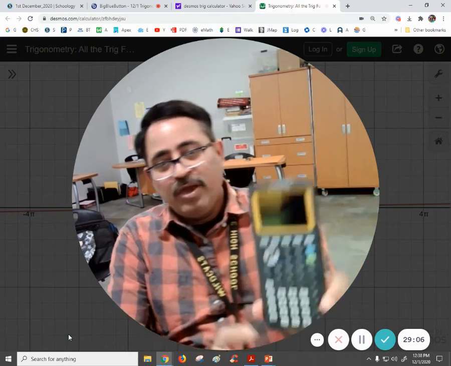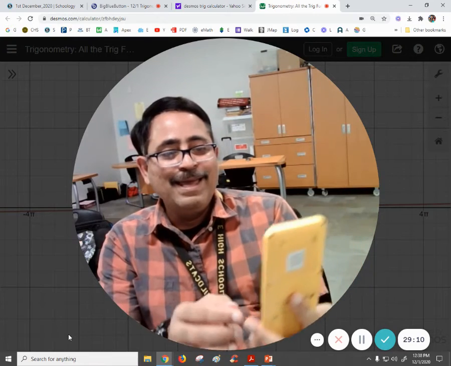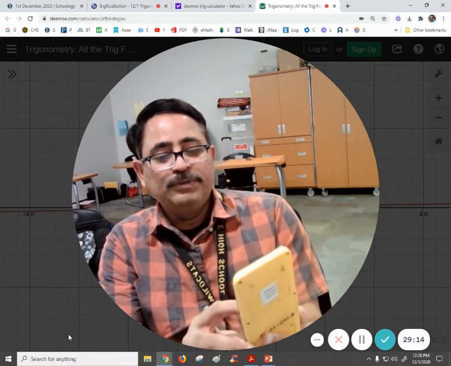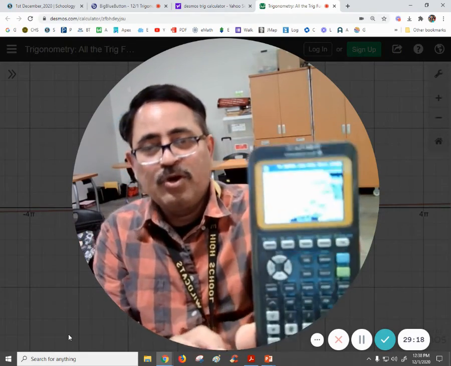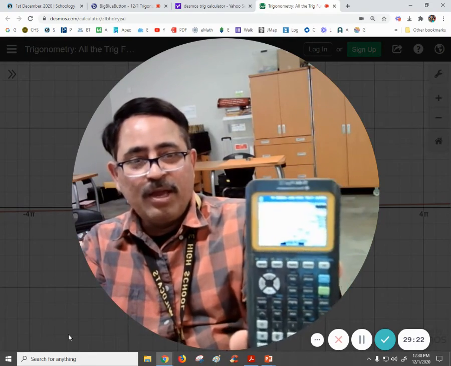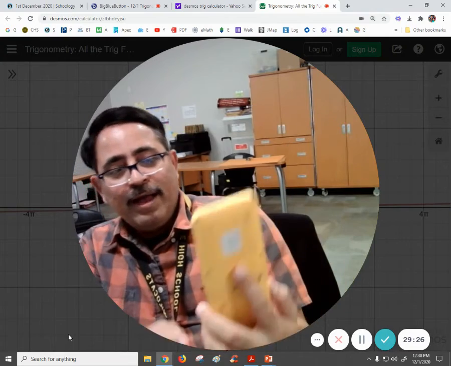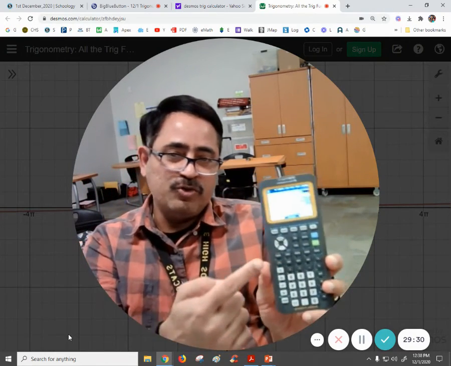Well, in case you are using a TI-84 calculator, make sure that there is a mode option. You have to go there. I'm sorry, I don't have this software on my computer. So please click on mode, and there you can see radians and degrees, and you have to switch to degrees.